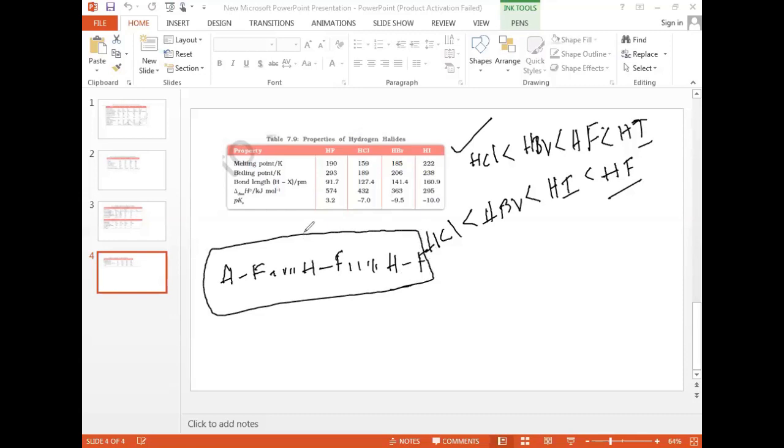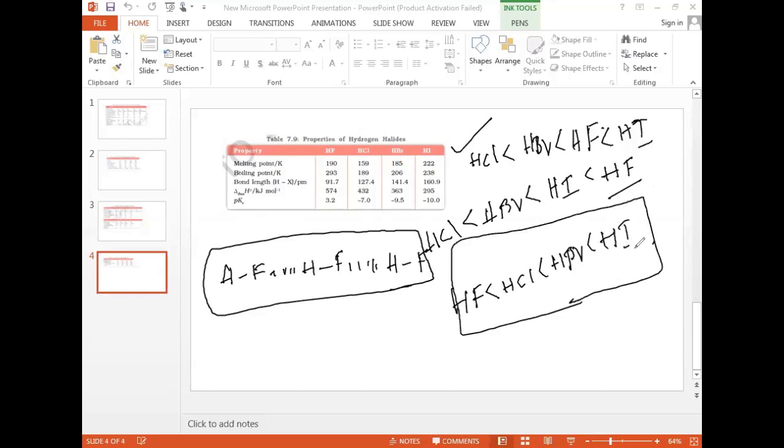Right, very very important. Here pKa values are given. The acidic character we can write: HF less than HCl less than HBr less than HI. Down the group size dominates, so it can easily give H+ ions.